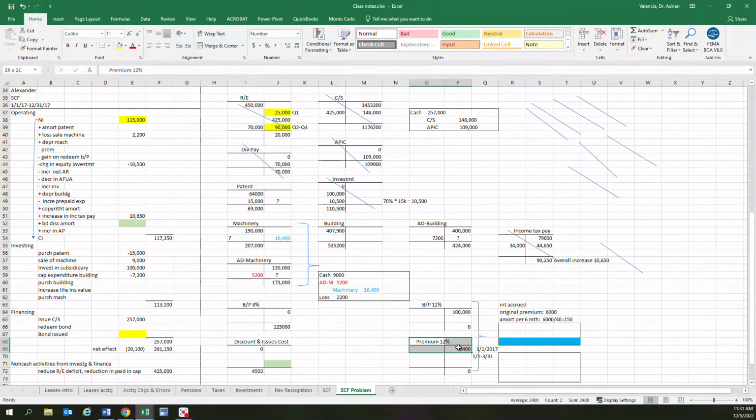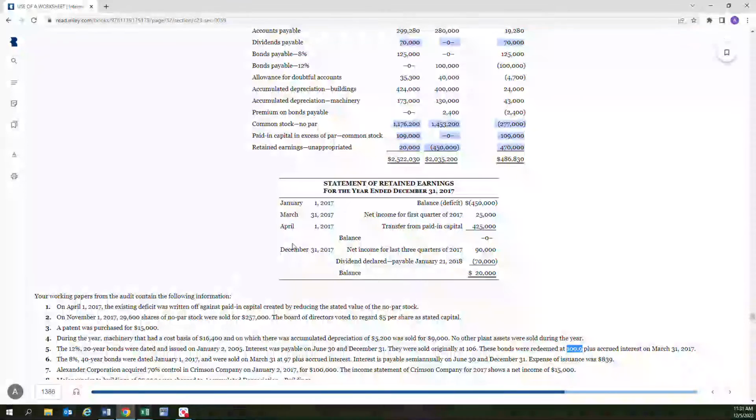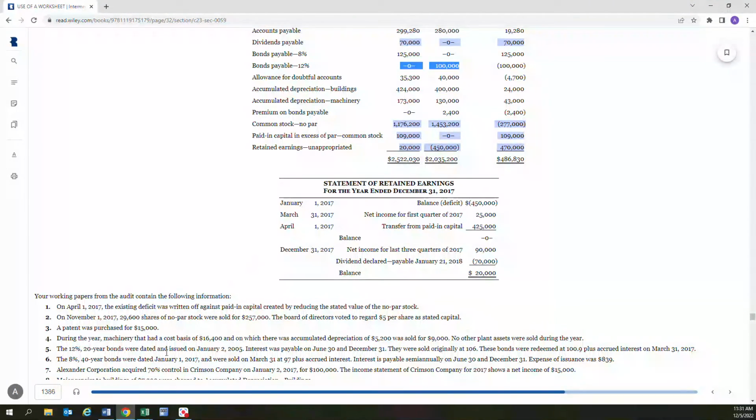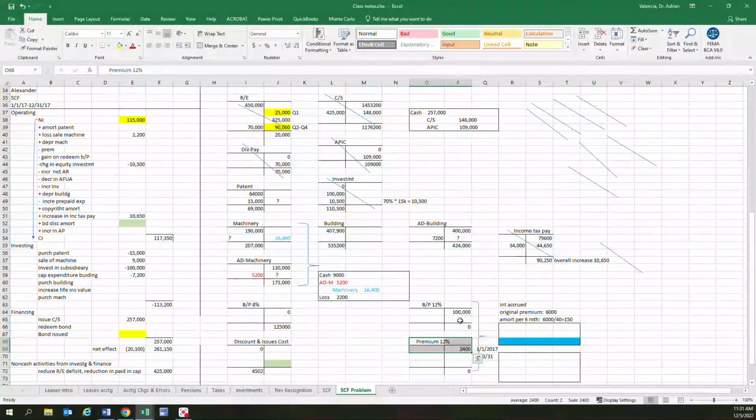This is the beginning balance. Now, is that given to us? Here's the beginning balance, $2,400. And then here is the bond payable, 12%, that I'm recreating over there. Okay, so let's go ahead and look at those. Now, let's start by looking at how we arrived at $2,400.